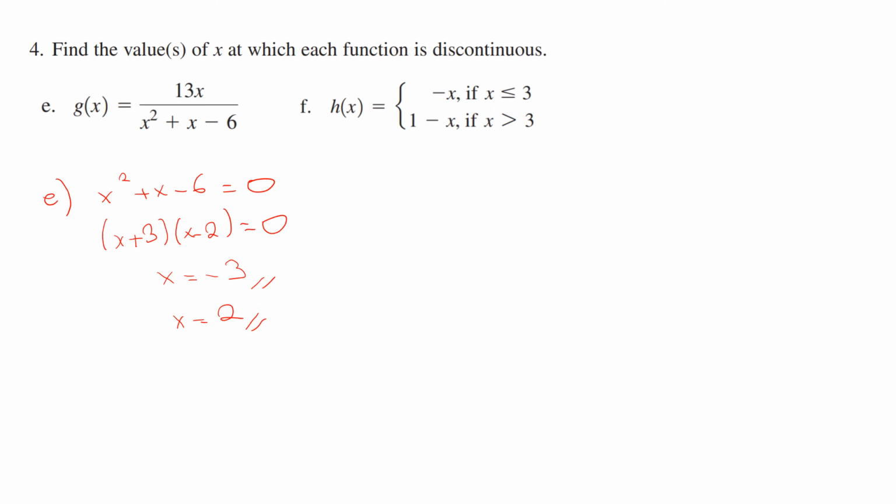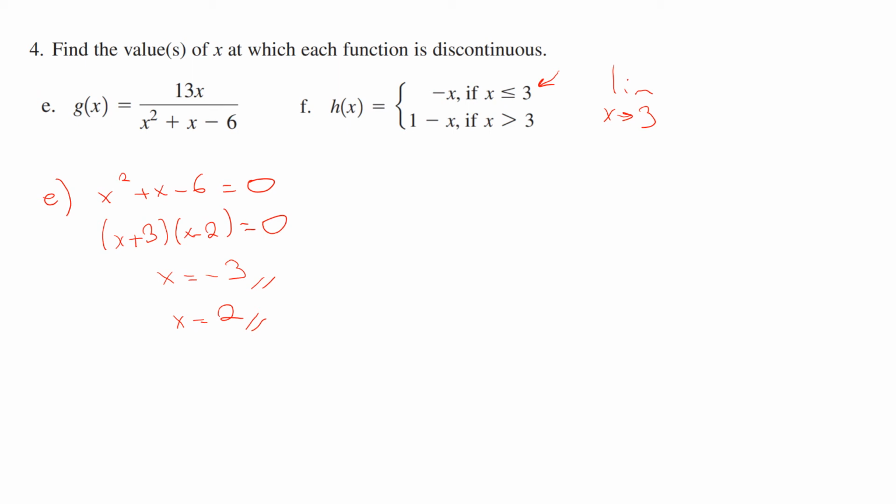For F, I can see that for the piecewise function, the value I'm approaching is 3. So you can think of this as the limit as x approaches 3. And then I have the left and right side in the piecewise function. So if I plug in 3 and don't get the same thing, then the function is discontinuous basically.